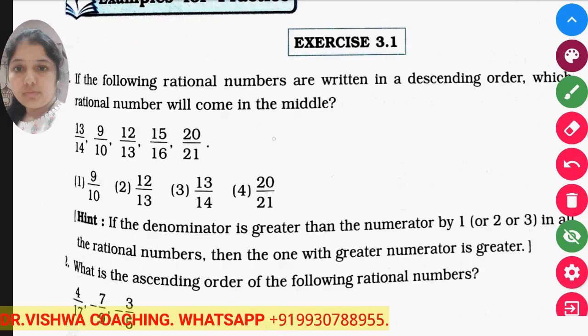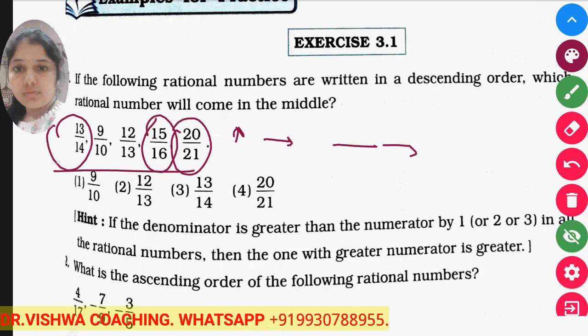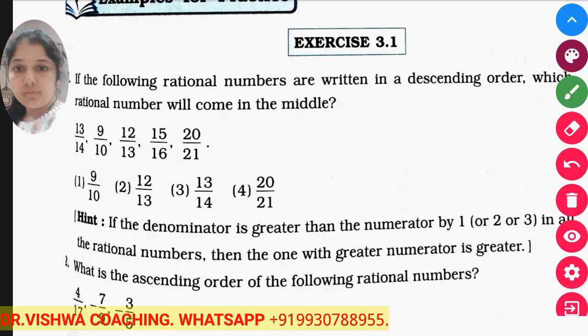For descending order, we write the greater numbers first, then smaller, then smaller, then smaller. So this will come first, then this second, and this one third. And there are 5 numbers, so the third-position number is the middle number. So 13 upon 14 is your answer. Understood? Okay. Can I go ahead?